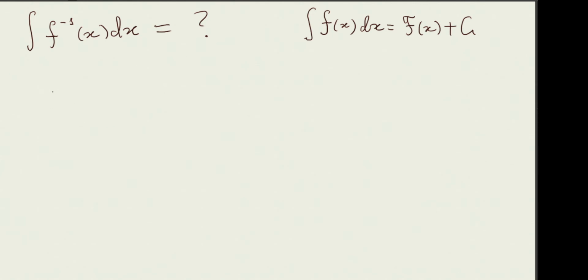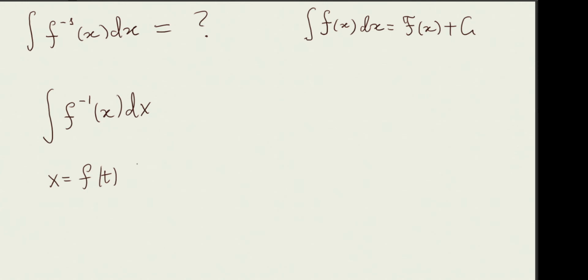Well, let's start. So we want to compute the integral of f inverse of x dx, right? So here it seems quite natural to substitute for x f of t. Why is it natural? Because when I plug in f of t, it's f inverse of f, it's just going to be t.